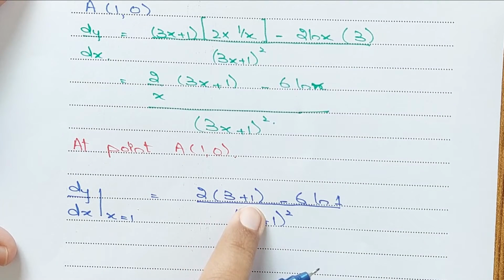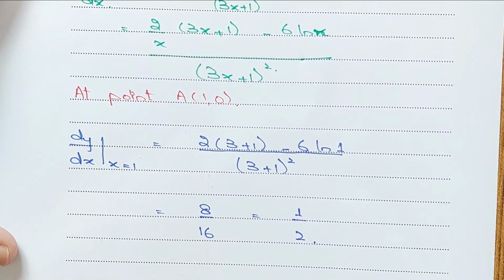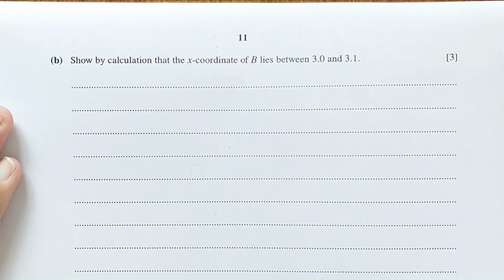So 3 plus 1 is 4 and 4 times 2 makes 8. 8 over 4 squared, which is 16. So this is 1 by 2.